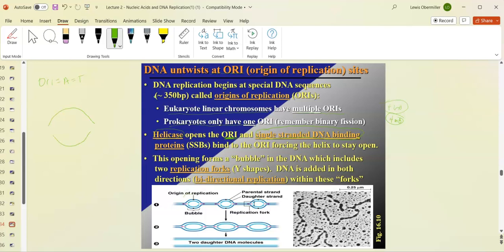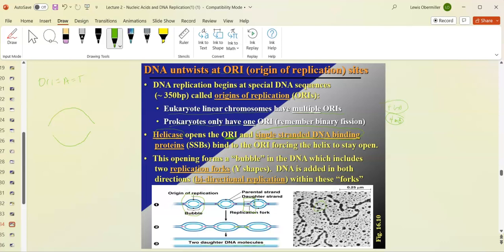So here's the bubble here, and then here's the replication fork here. And this just shows you what it looks like under the electron microscope. So replication proceeds in both directions simultaneously, and then it continues until say this end intersects this end, and then we get two new DNA molecules.